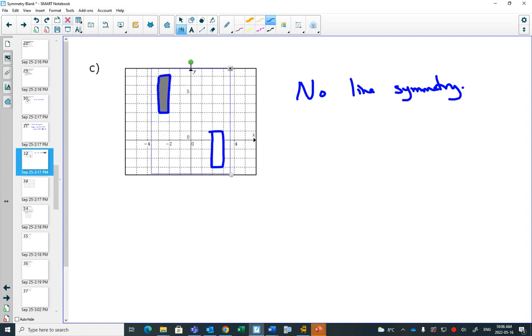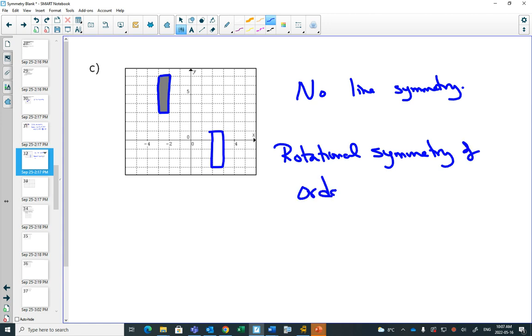So this one has rotational symmetry of order 2, and the angle of rotation then is 180 degrees.